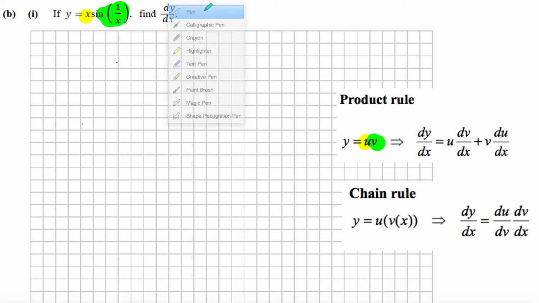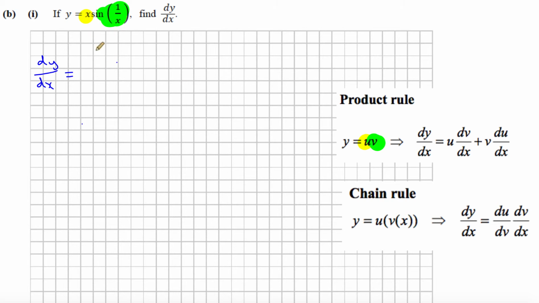First of all, dy/dx is equal to u, which is x. This is my u and that's my v.